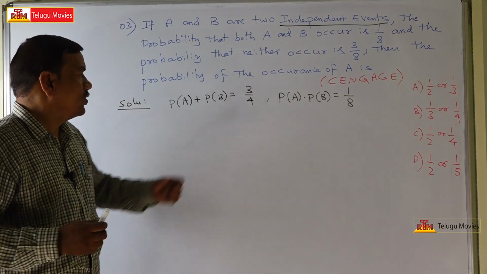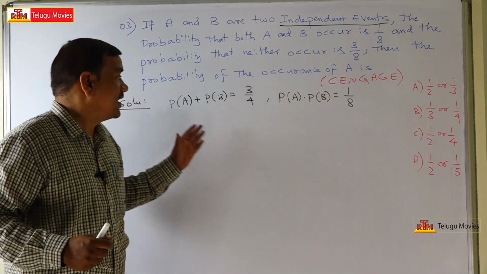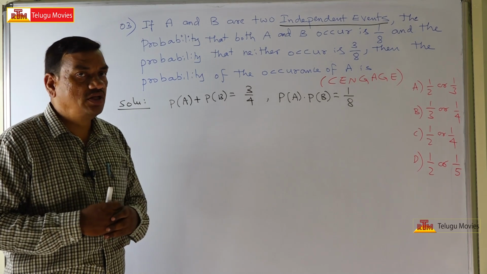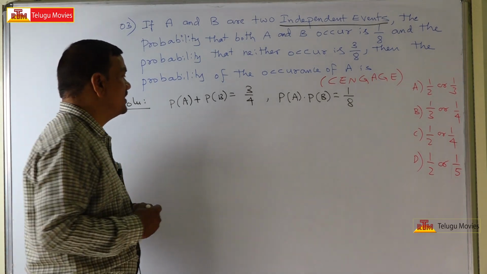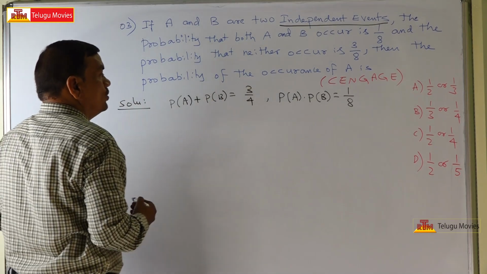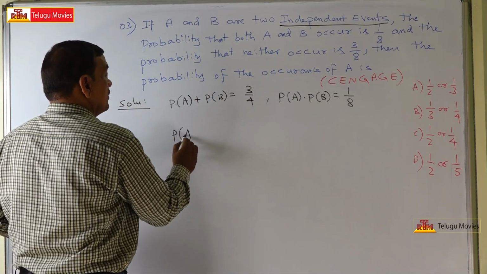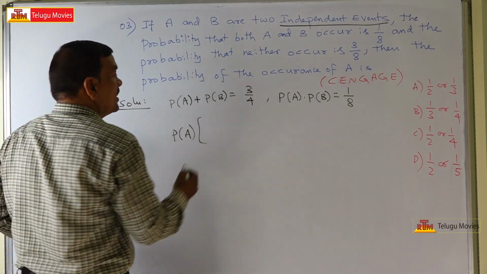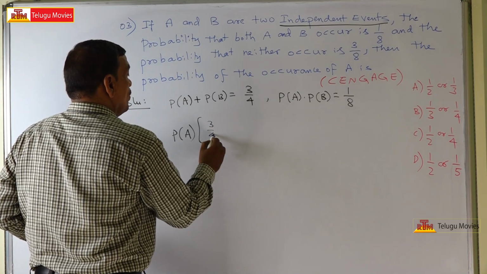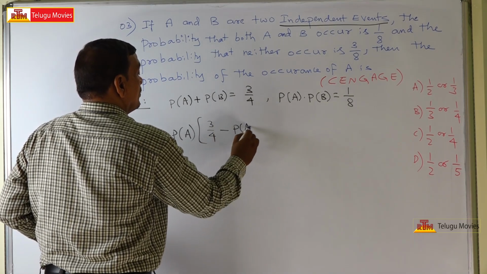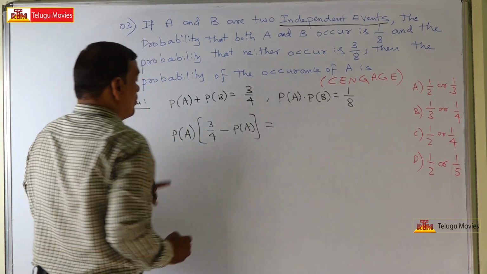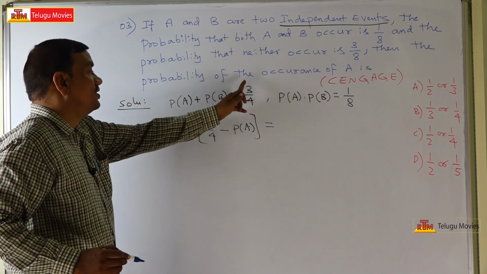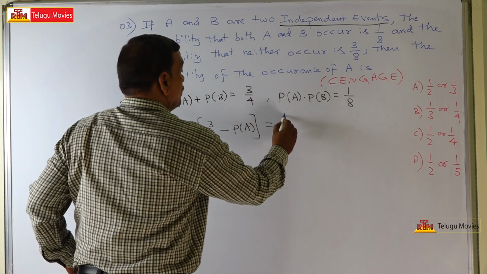In place of probability of B, we can write 3 upon 4 minus probability of A. So probability of A times, in place of probability of B, 3 by 4 minus probability of A is equal to 1 upon 8.